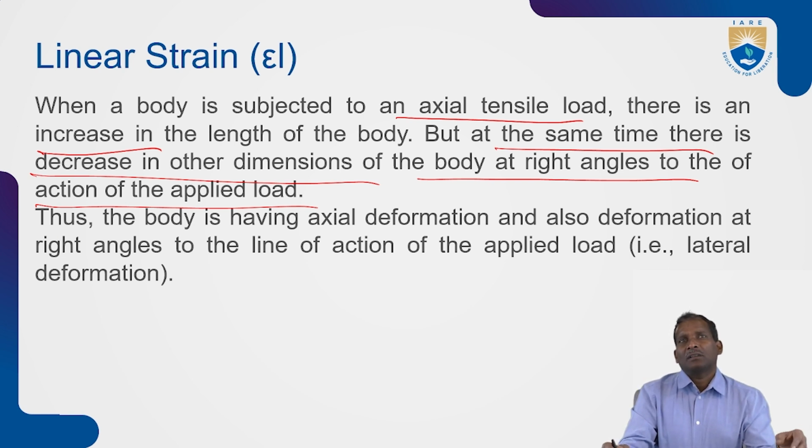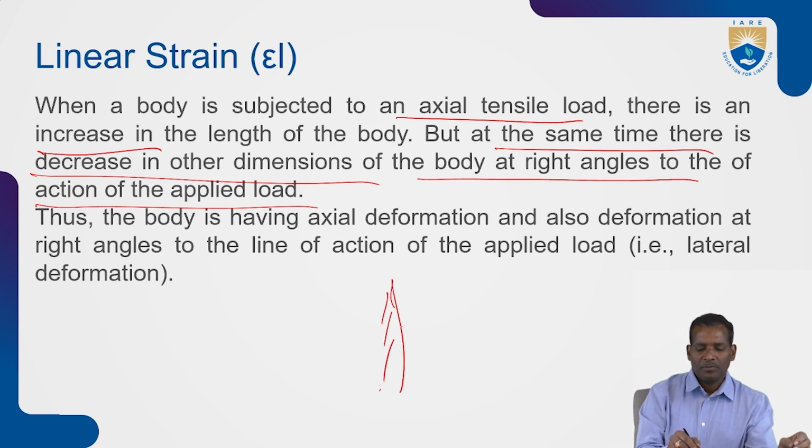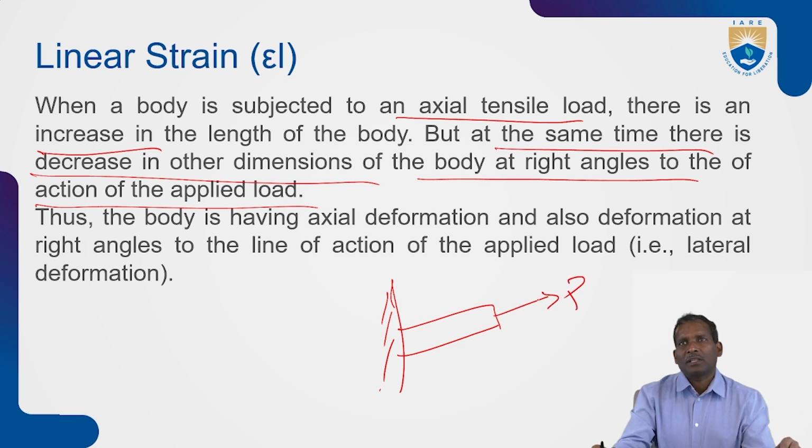For example, take one bar, and an axial tensile load is applied. At the same time, there is a decrease in other dimensions of the body at right angles to the action of the applied load.